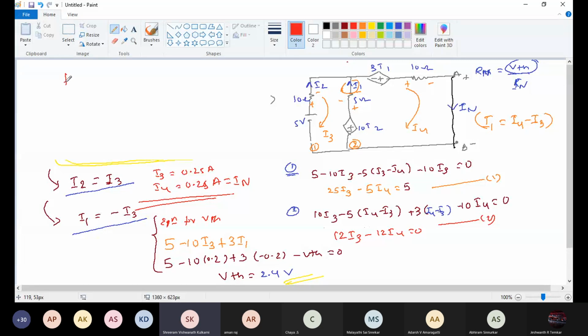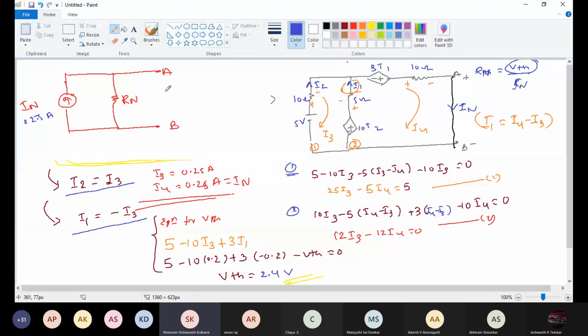Need to draw the equivalent circuit: A, B, RN, IN. Now we calculated IN equals 0.25 ampere.